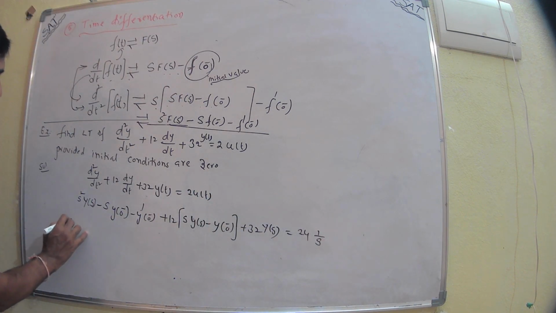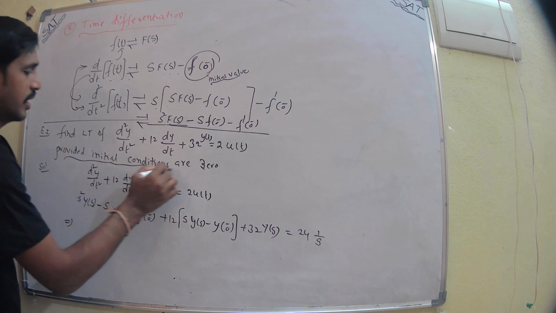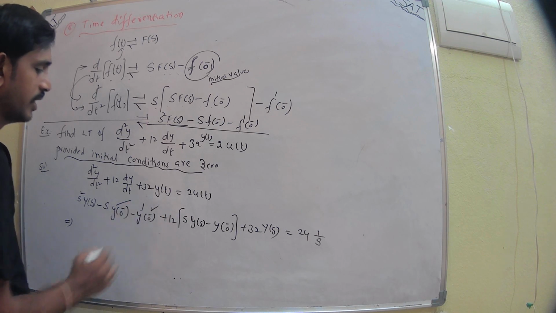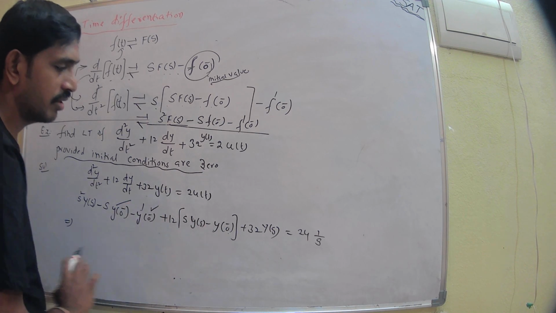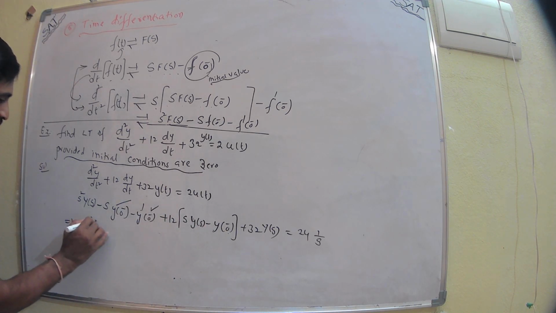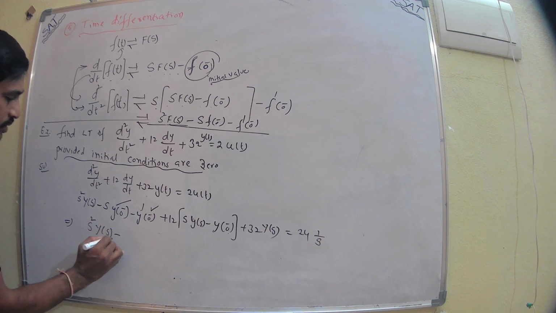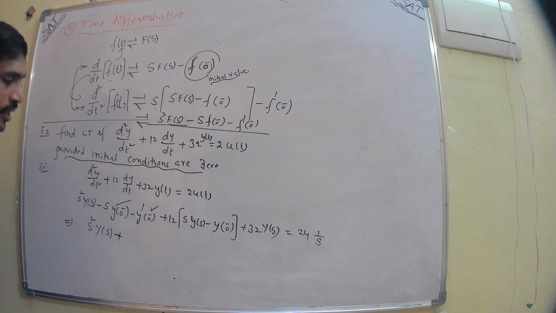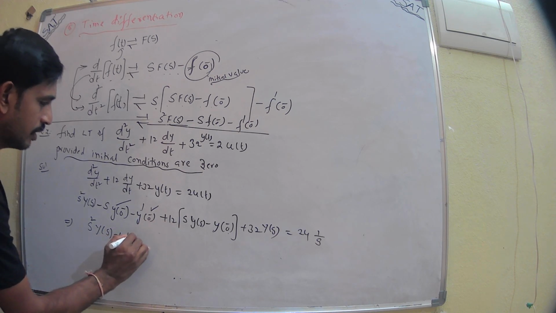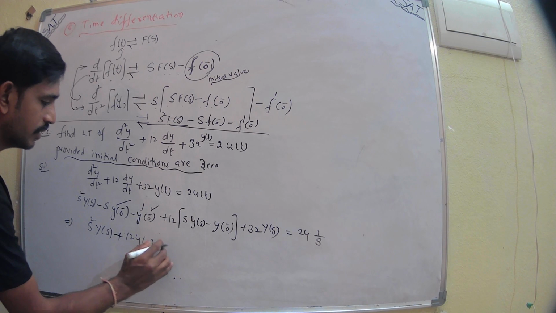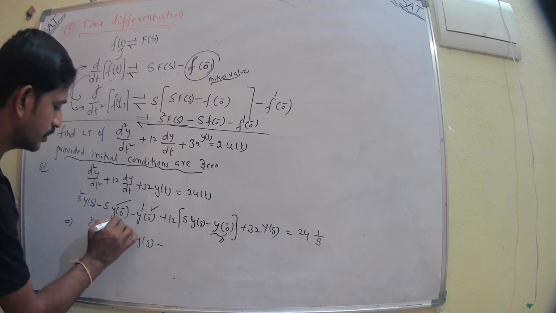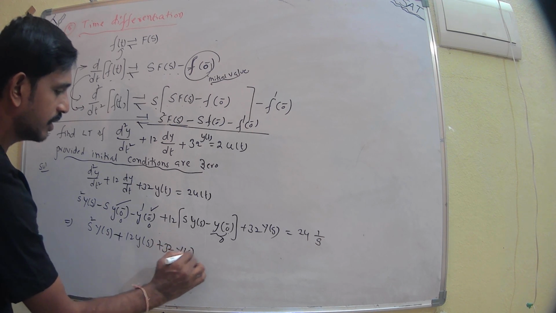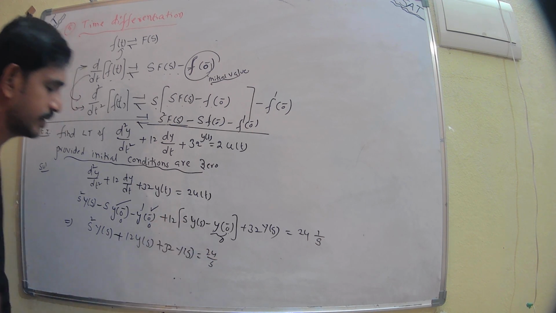Simplify here. All initial conditions are 0, so y of 0 minus and y dash of 0 minus are zeros. Then s square Y of s plus 12s Y of s plus 32 Y of s is equal to 24 by s.